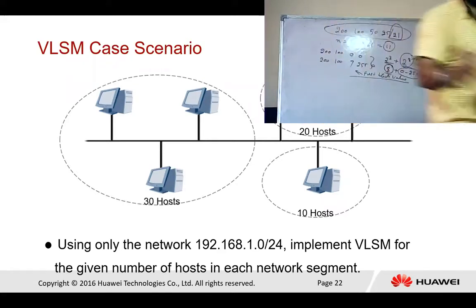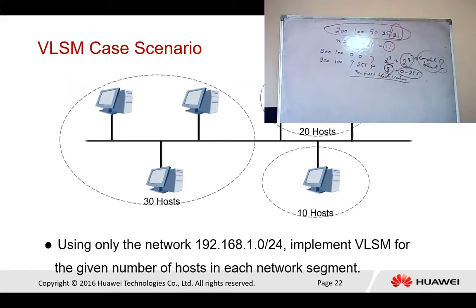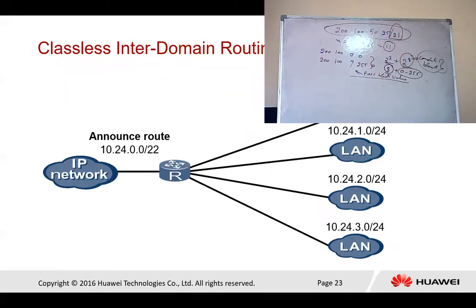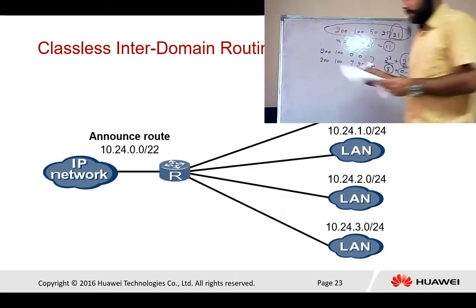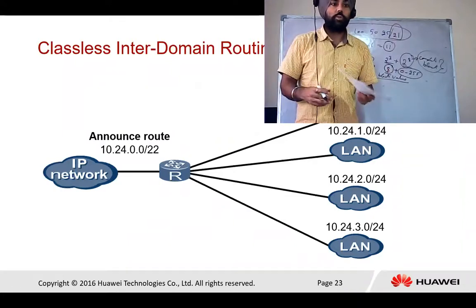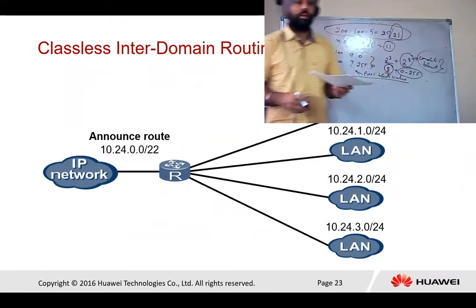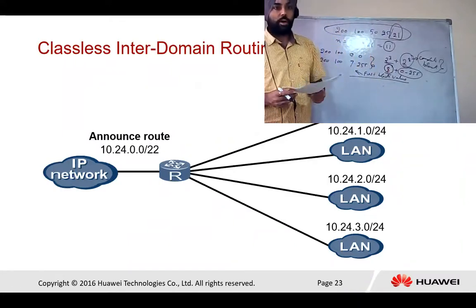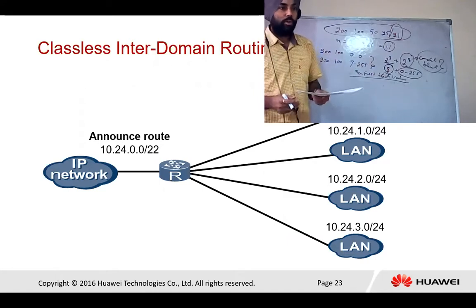So next we have the classless IP address. In that case, the first and last IP is 10.20.24.0/22, and the other block is /24.